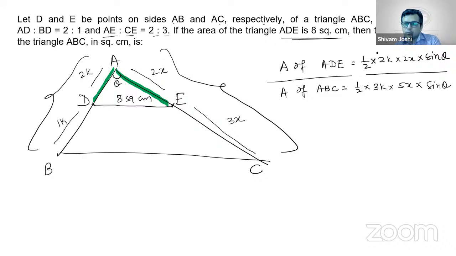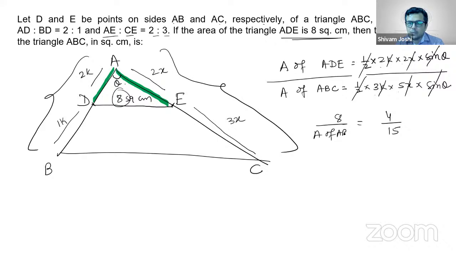Take their ratio. So sine theta is cancelled, K is cancelled, x is cancelled, half is cancelled. So you are having 2 into 2, 4, 3 into 5, 15. Area of ADE is given as 8. The only thing which remains is area of ABC, and that has to be 30 using the ratio here.